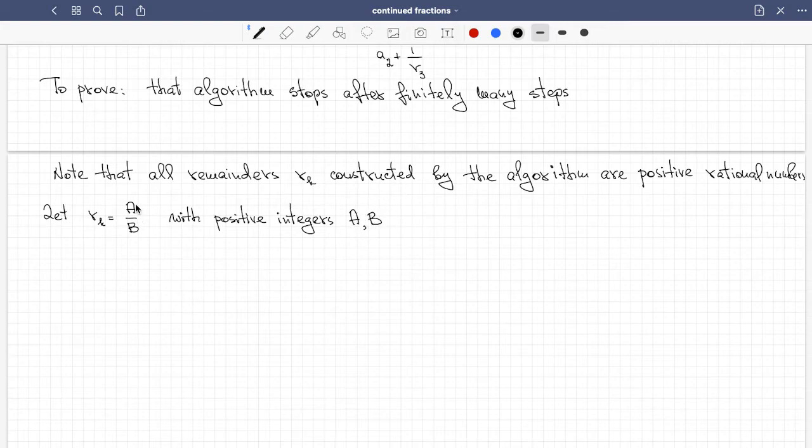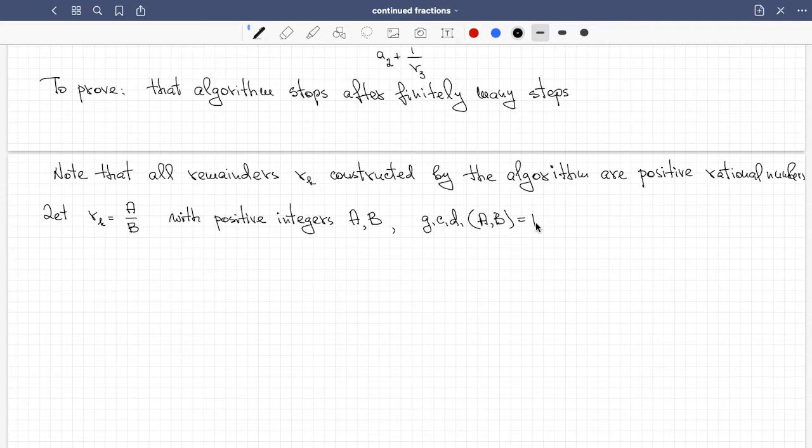And we assume that this fraction is written in lowest terms, so that otherwise a and b are not defined. They are defined up to a common multiple. Greatest common divisor of a and b is 1. The fraction is written in lowest terms.